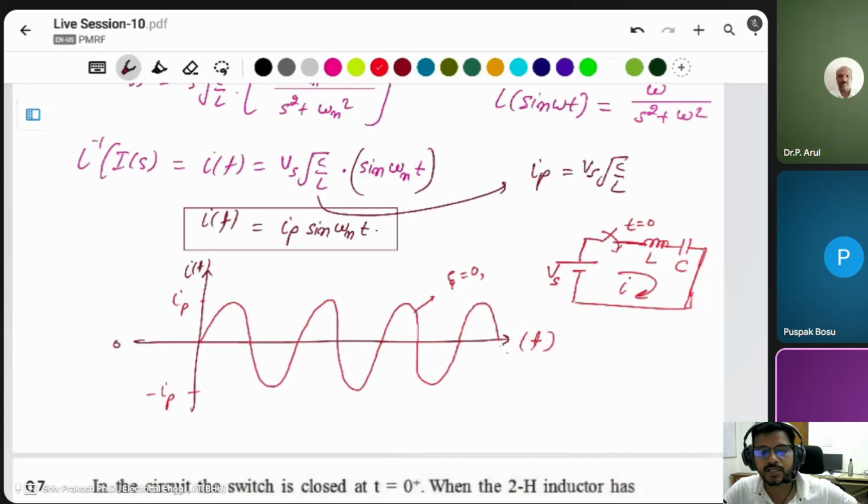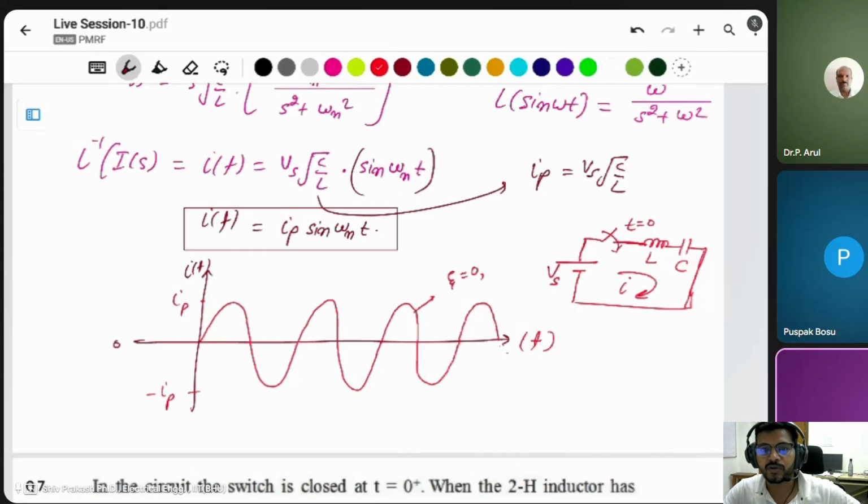If there is a resistance, the voltage and current go to 0 after some time. But without a resistor, in an LC circuit only, the current will be sinusoidal in nature.